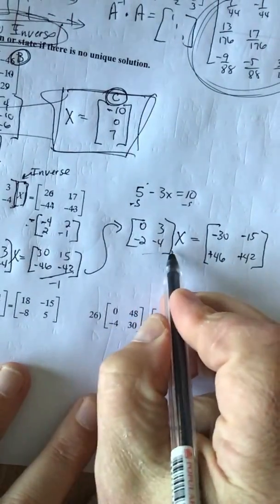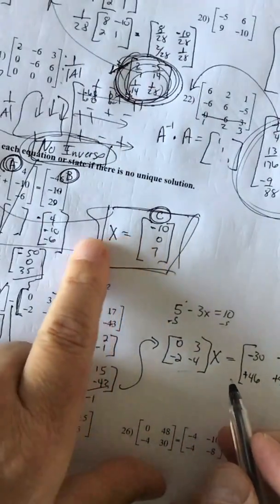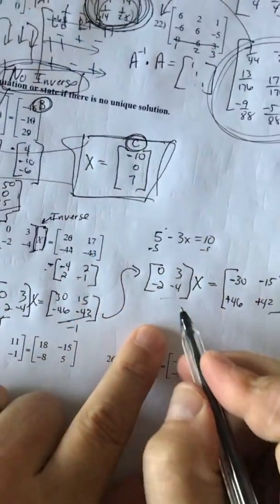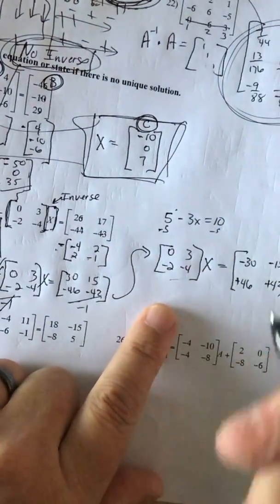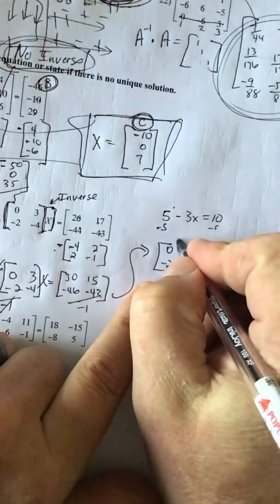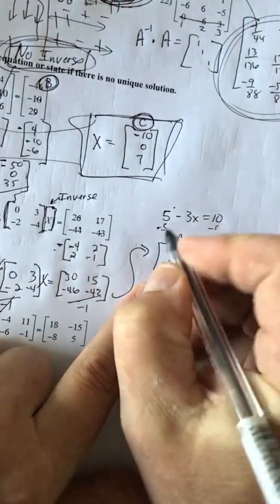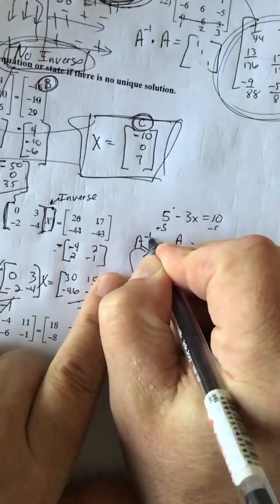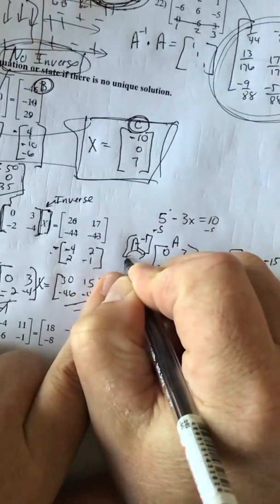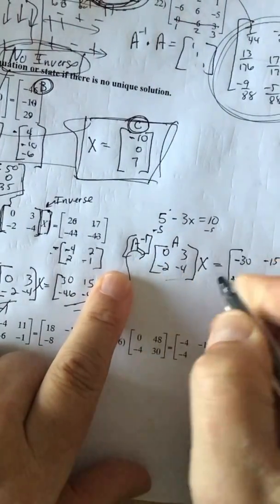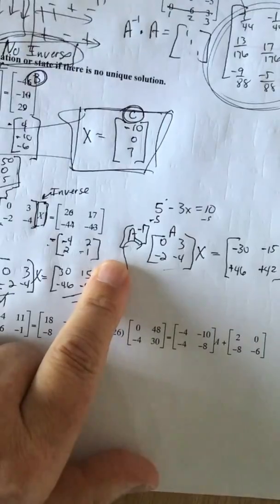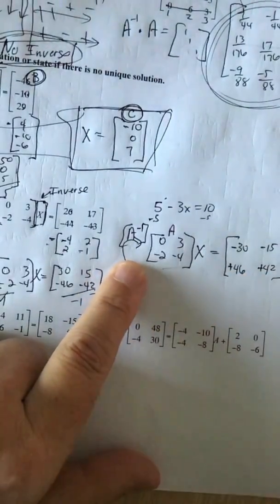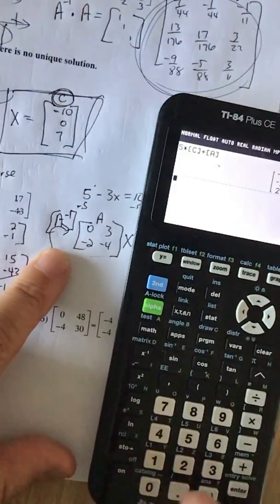Okay, I can't just divide this off like I did the 5 up here. That 5 was just a number. This is a matrix. I have to inverse the matrix. If I call this matrix A, I need A inverse to be multiplied by it. A inverse times A makes it go away. It makes it go to the identity matrix. So I need A inverse.